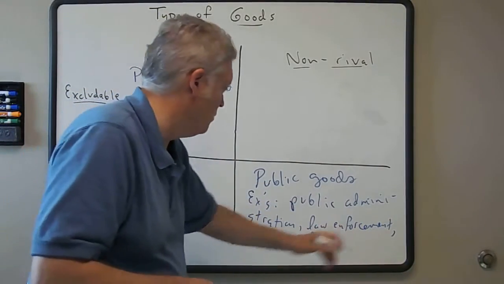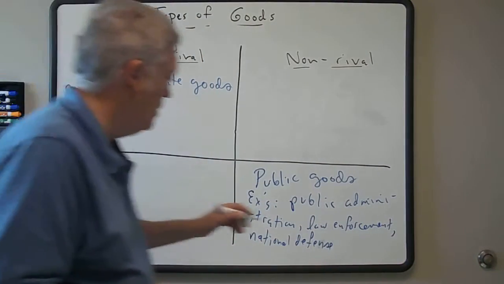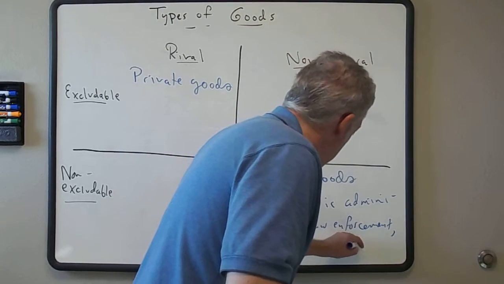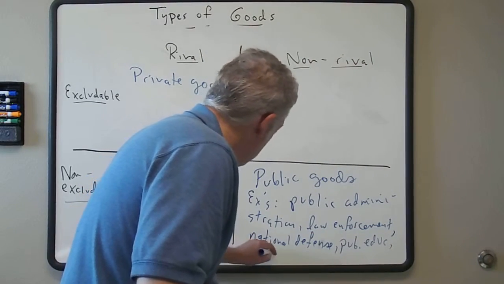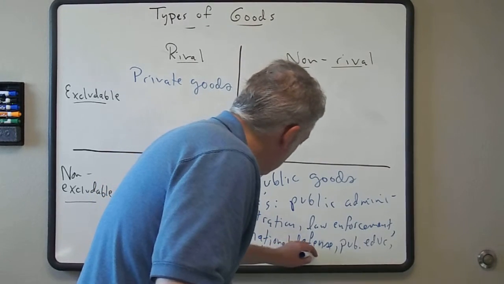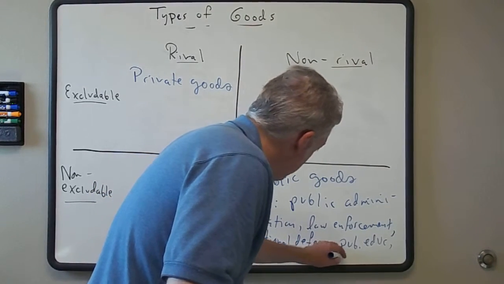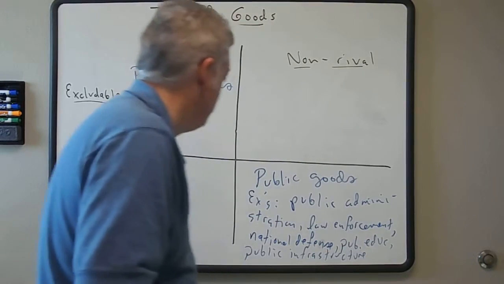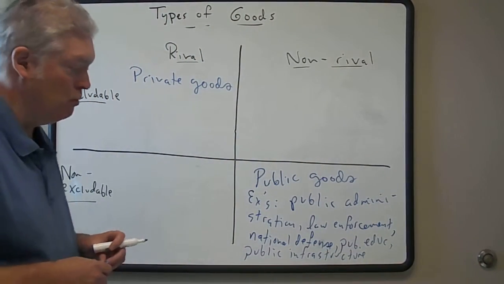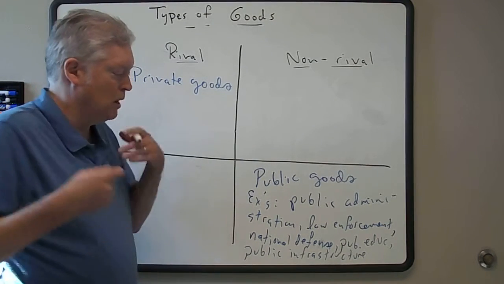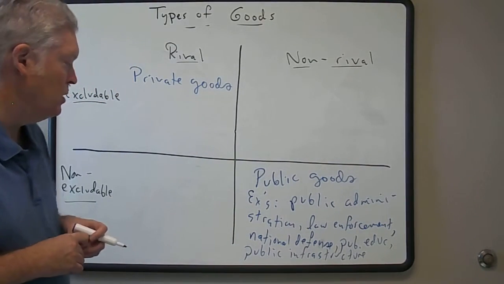Law enforcement, national defense, public education is often cited as an example of a public good. Also things like public infrastructure. That is, the word infrastructure is a pretty broad term to denote things like roads, highways, freeways, rail in some cases, also things like public utilities.